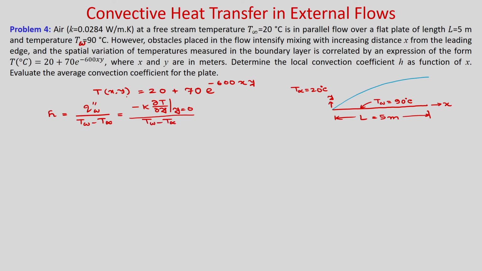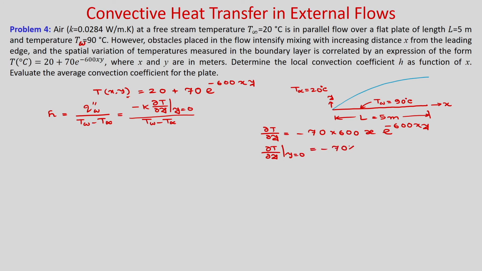Okay. So, the temperature is given here. So, del T by del y you can calculate as minus 70 into 600 x into e to the power minus 600 x y. Now at y equal to 0, what will be your del T by del y?